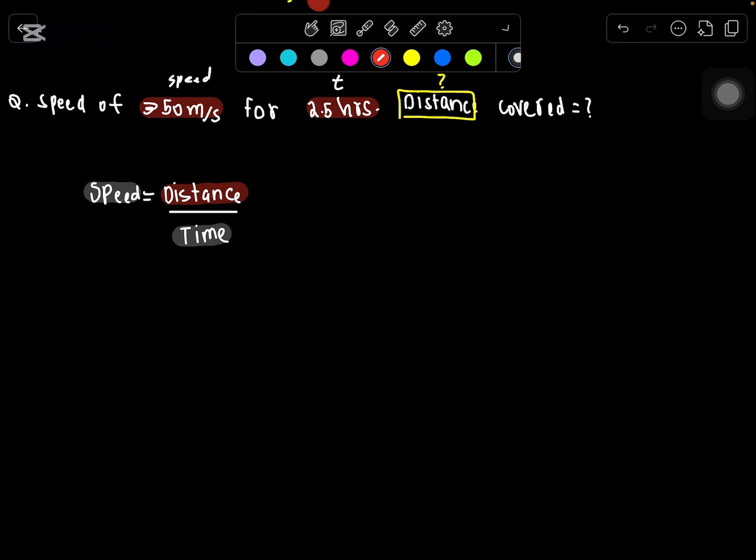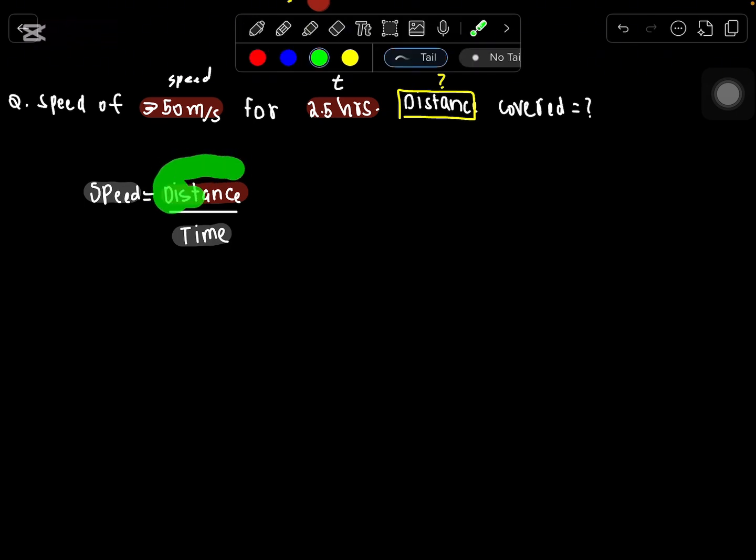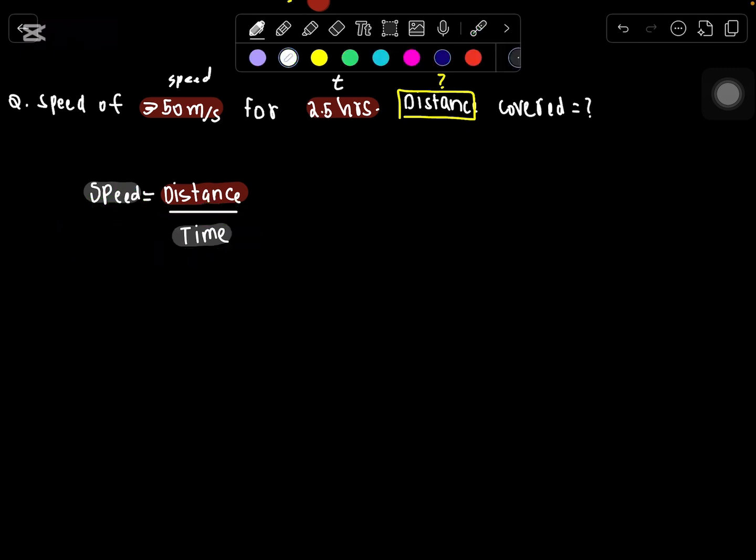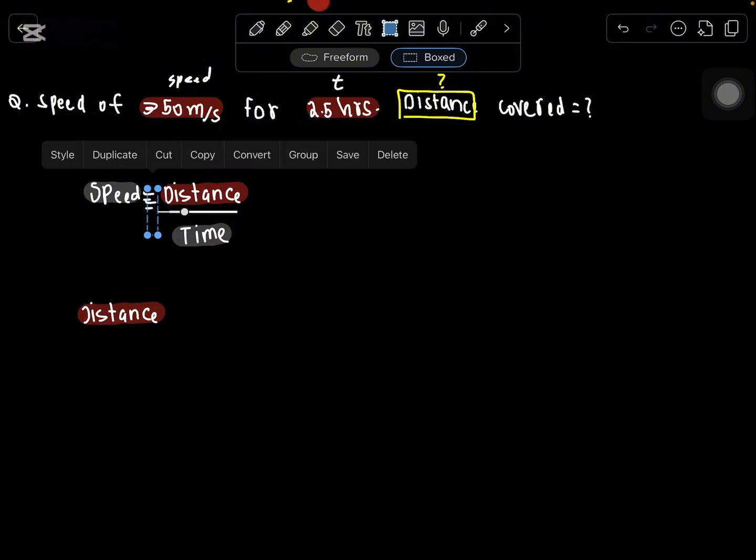So I have to rearrange this equation, isolate distance such that distance is on one side of the equation and everything else is on the other side. If time is being divided here and I want to take it to the other side, I will multiply it with the speed, okay? So your distance is equal to speed into time.